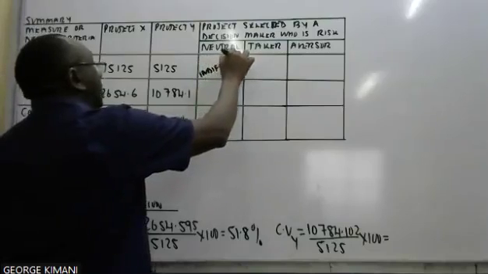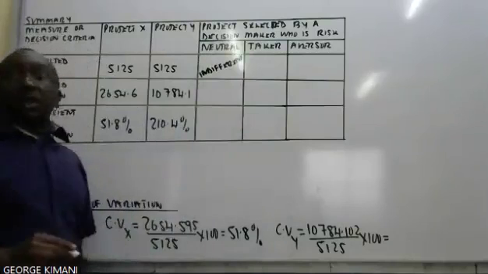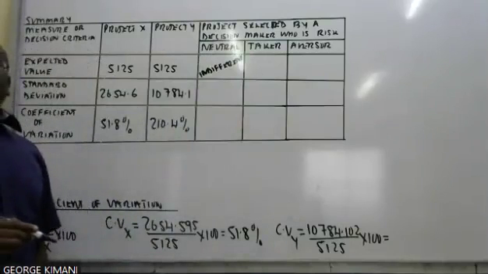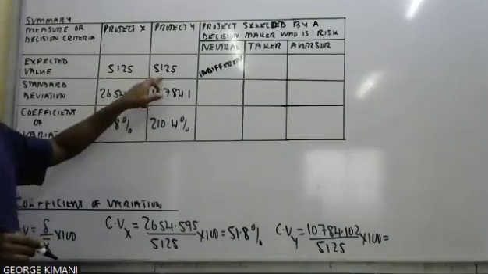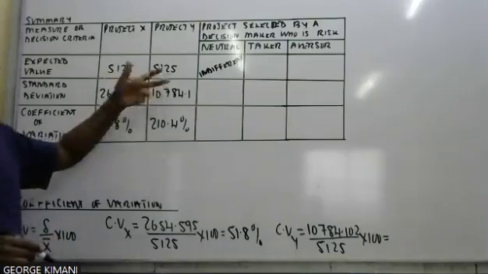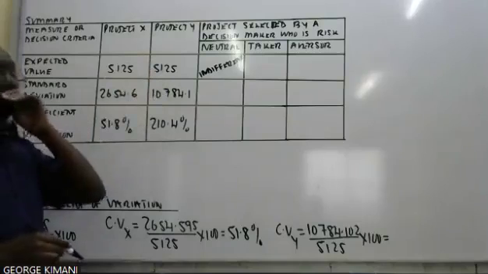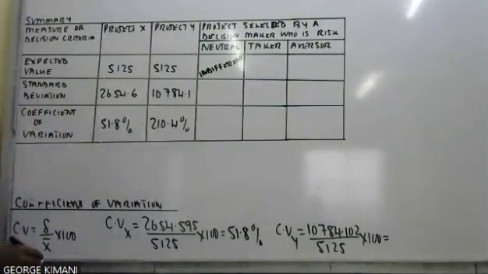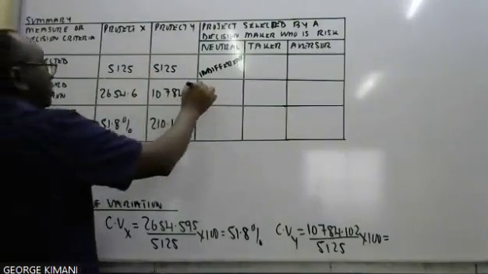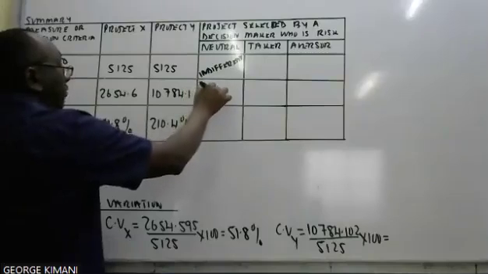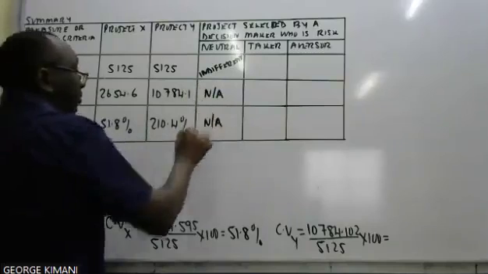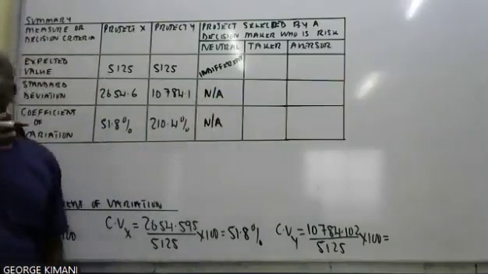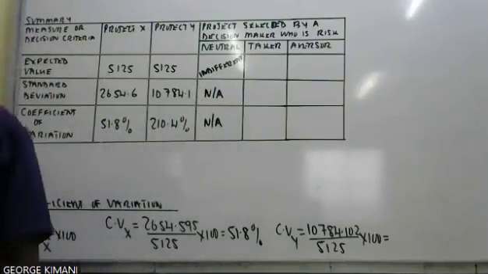Indifferent means they are not able to decide which one. But if these values were different, you go for the higher or the highest. The risk neutral person does not use the standard deviation or the CV, so those are not applicable.